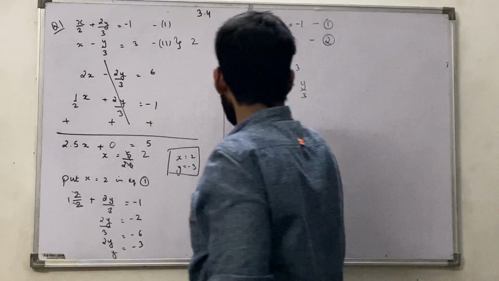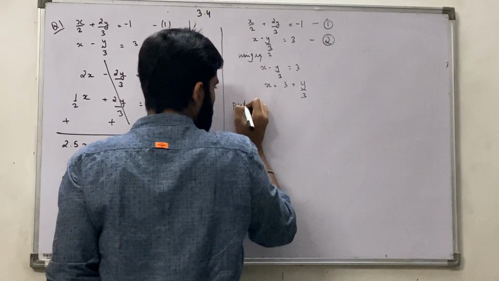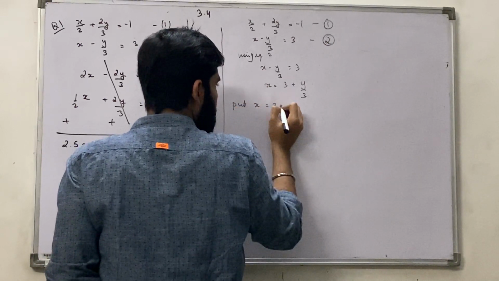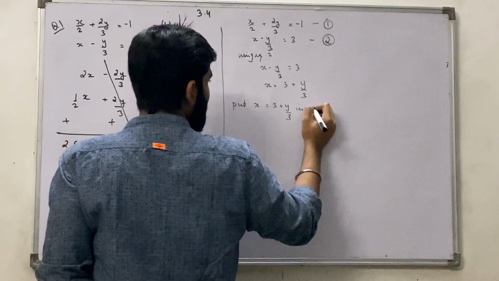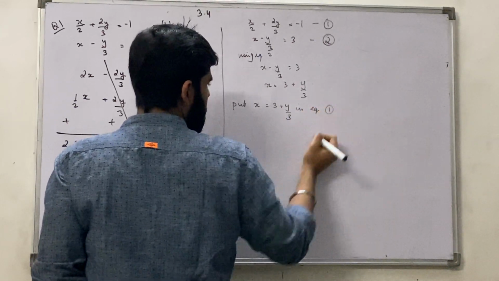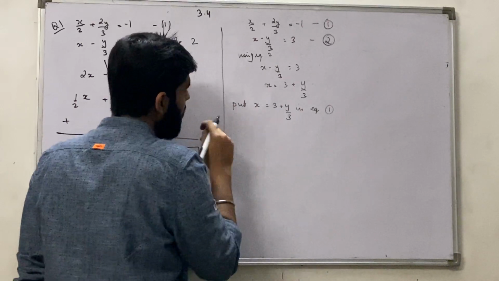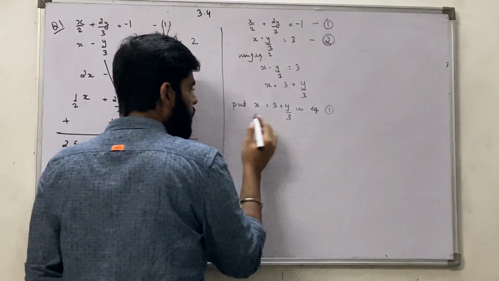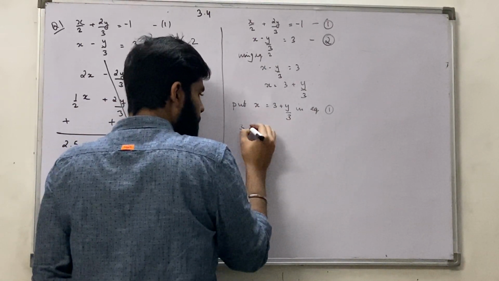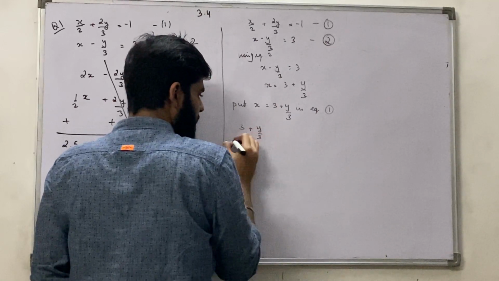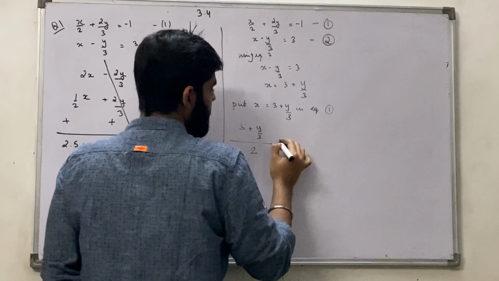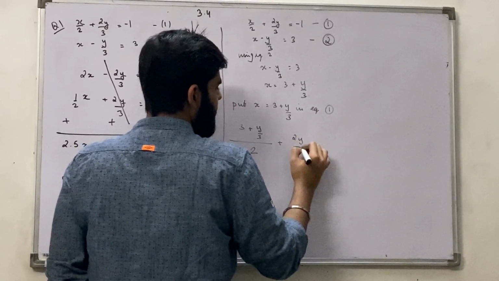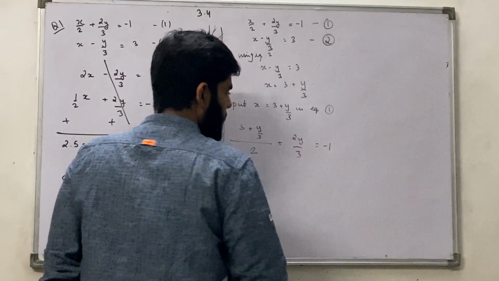Now, put x is equal to 3 plus y by 3 in equation 1. So when we put this in equation 1, what is the value of x? 3 plus y by 3 divided by 2 into, plus 2y by 3 is equal to minus 1.